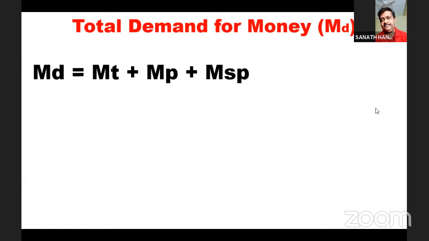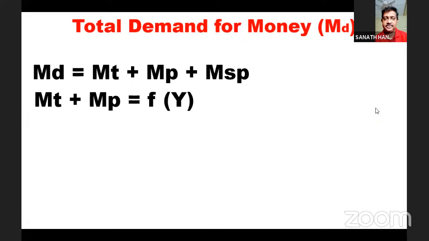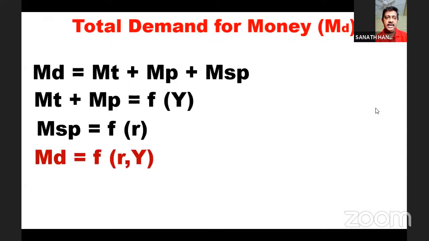The transaction and precautionary demand for money depends on income. But the speculative demand for money depends on interest rate. So finally, money demand of a country is a function of interest rate and income.